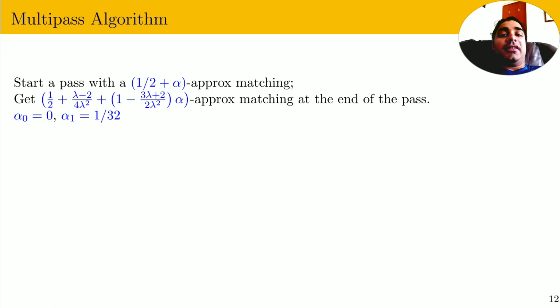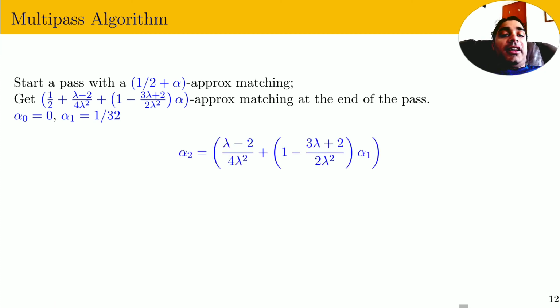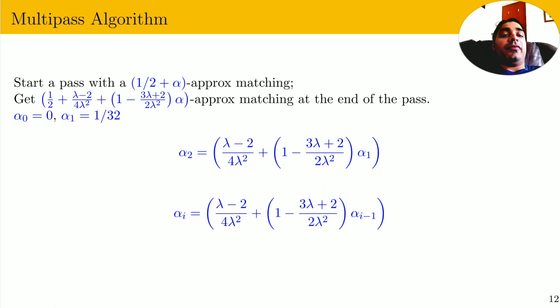Start with, after the first pass, alpha 0 equal to 0 and you have a half approximate matching. After the second pass you have half plus 1 by 32, so your alpha 1 is 1 by 32, and then your alpha 2 is as shown, and we keep doing this, and then at the end of the ith pass you get half plus alpha i approximation where alpha i is as shown. So this is a recurrence relation.